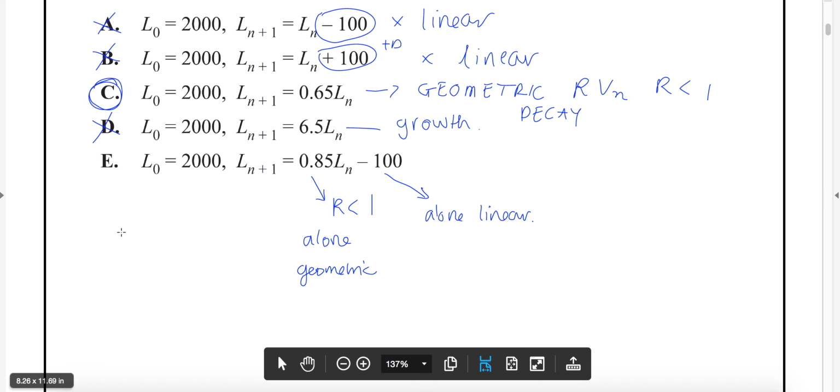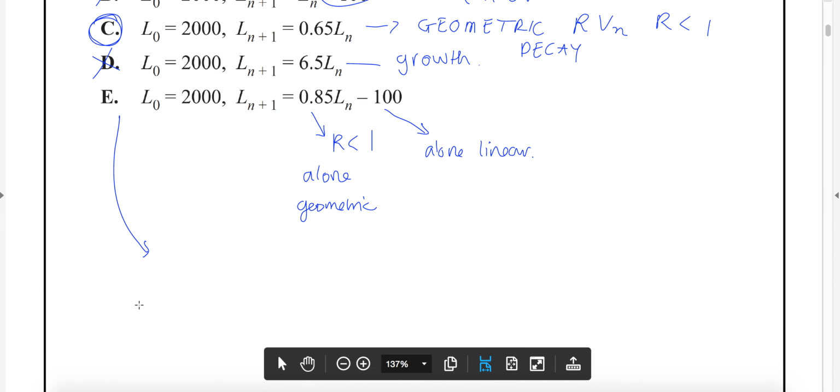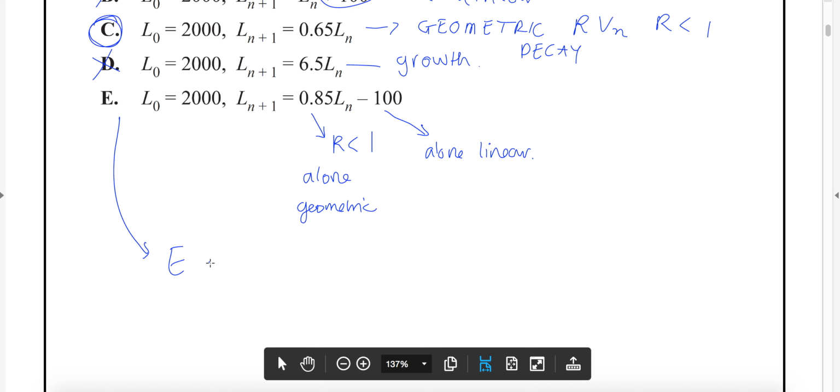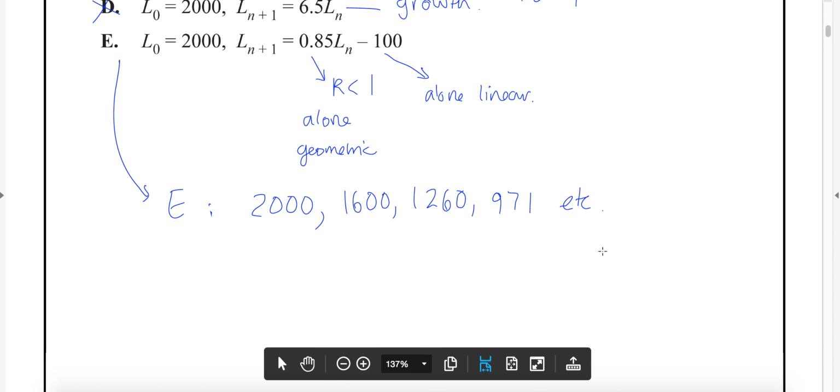But when we put these together, so I'll just show you, when we create a sequence using that recurrence relation, you'll notice that our values are, I'll just maybe do the first few for you, like so, et cetera. These are the terms we get from that recurrence relation.